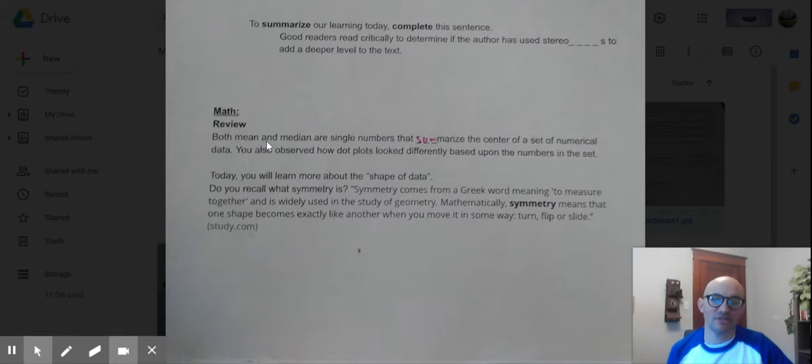Today, our math is going to be about looking at data. We've looked at data in dot plots and histograms or bar charts. What we're going to be doing today is understanding how the shape of the data lets us take a quick look and draw some quick conclusions, and we can use our math skills to calculate the mean and the median of our data sets.